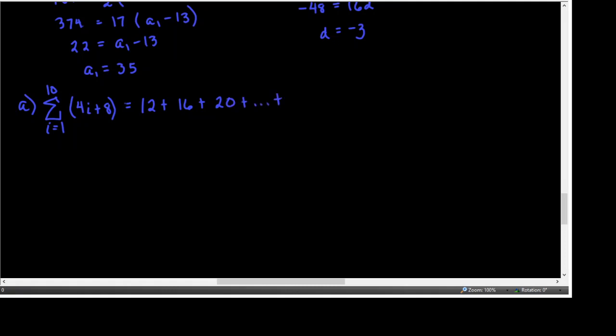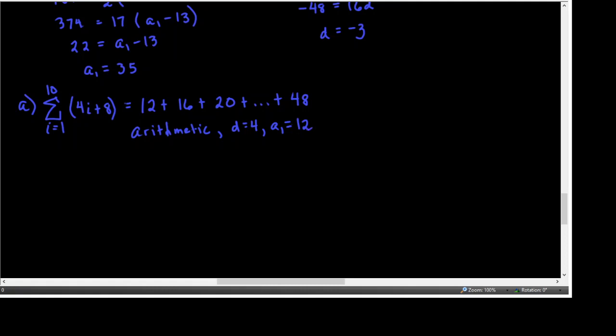And then we'll put in 10. 4 times 10 is 40, plus 8 is 48. If you look at the first few terms, it's pretty obvious that it's arithmetic, because we can identify a common difference. That common difference is 4. And of course the first term is 12.